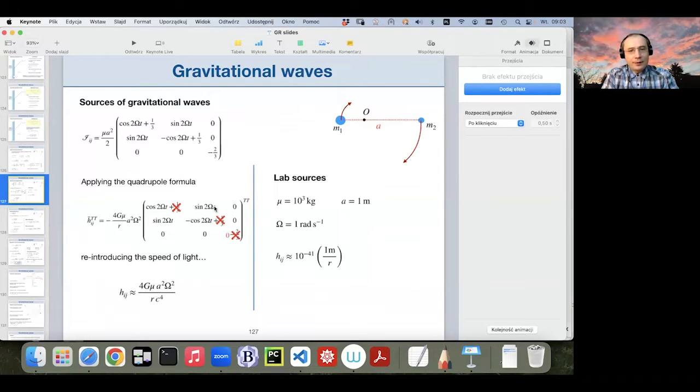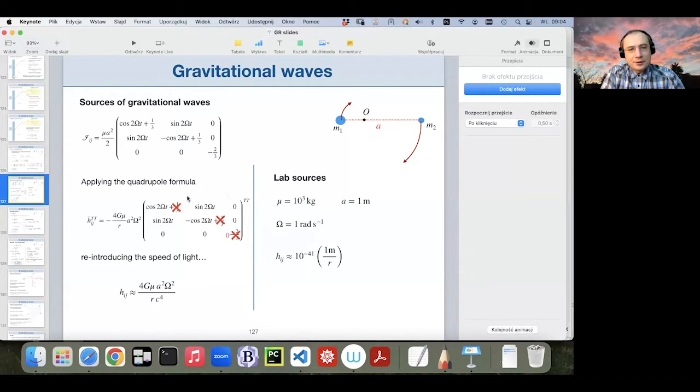And then on slide 127, we take the trace, so h bar transverse traceless ij, the perturbation of the metric from this type of two orbiting masses.